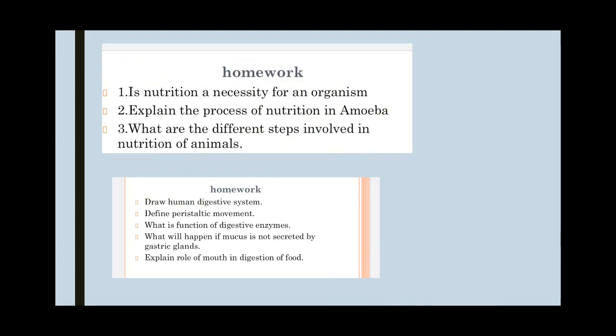You will be writing phagocytosis and pseudopodia, those terms should be there. Whatever I have made you write, that means nutrition in amoeba. First you will write the process of nutrition in amoeba has 5 steps. So all the steps you will be writing: ingestion, digestion, absorption, assimilation, egestion.